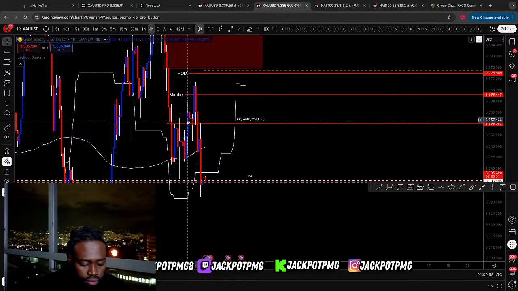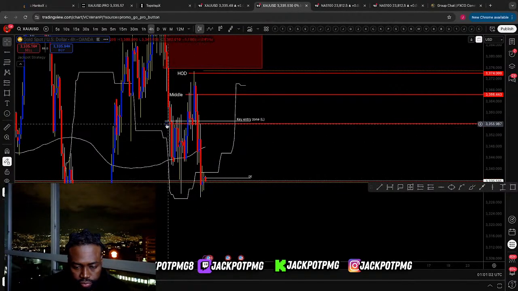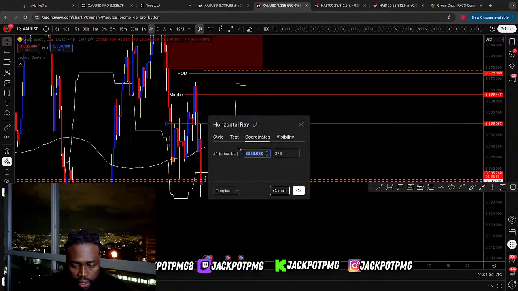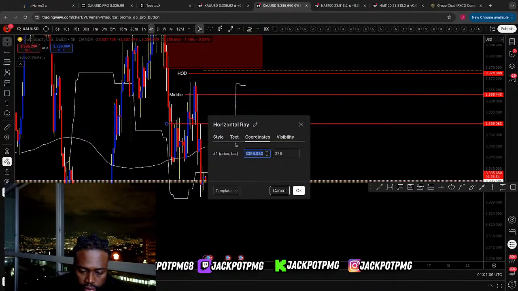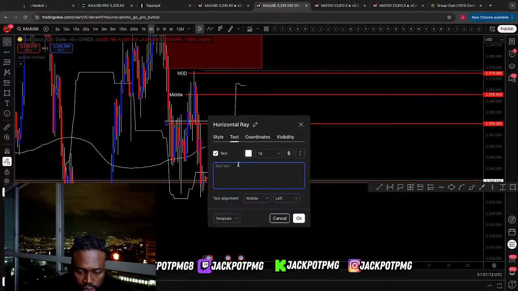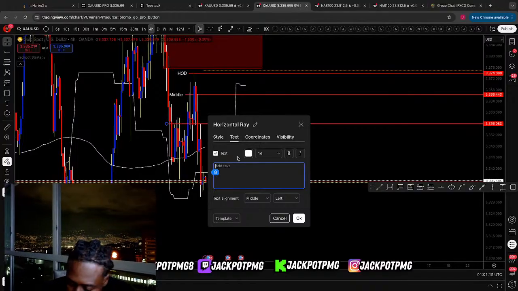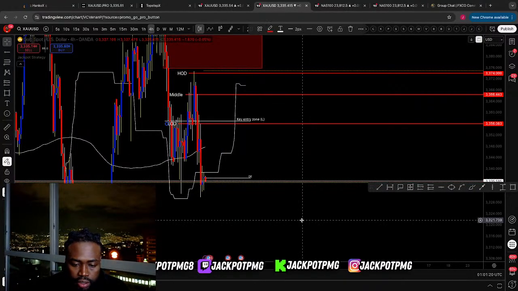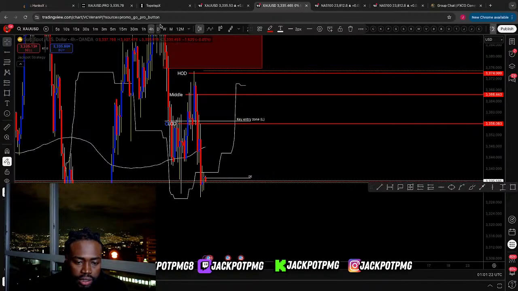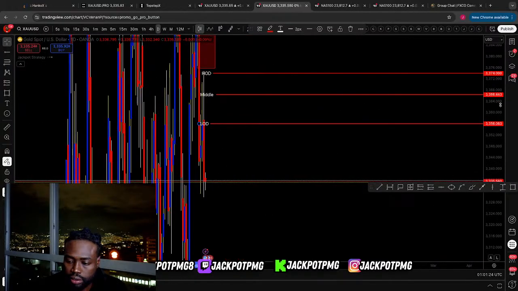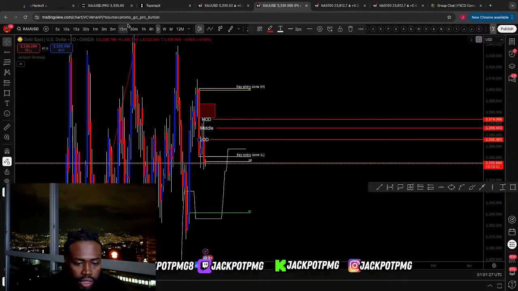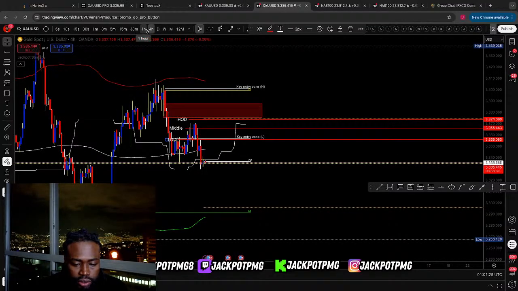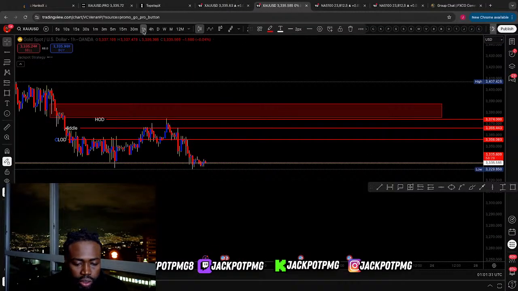So now we got the low update from yesterday. All right, these are the prices. This is how it looks on the daily, and this is how it looks on the H4, on the H1.